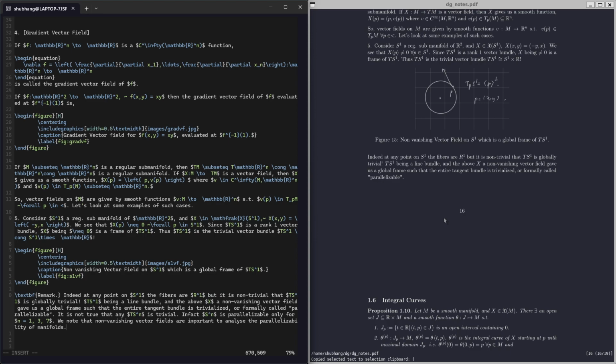And frames, global frame. This is a global frame.